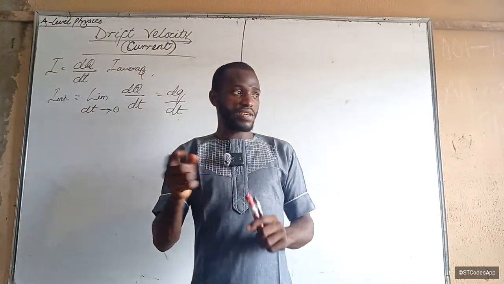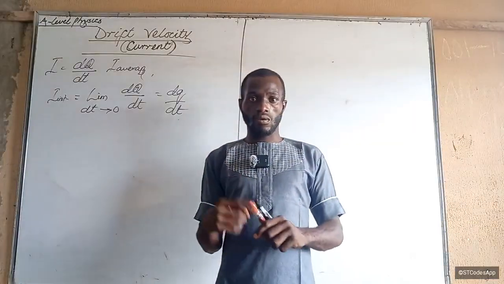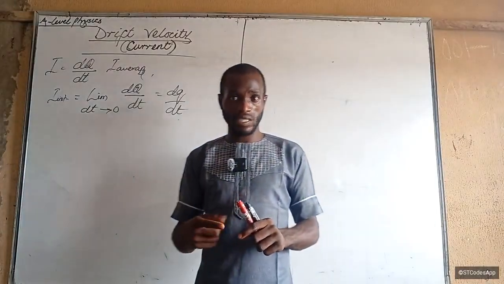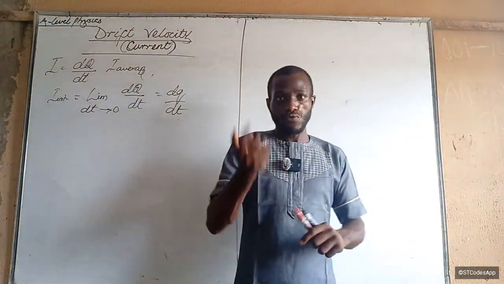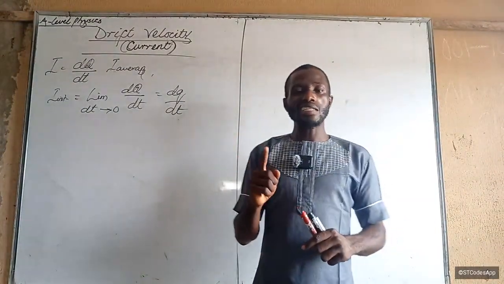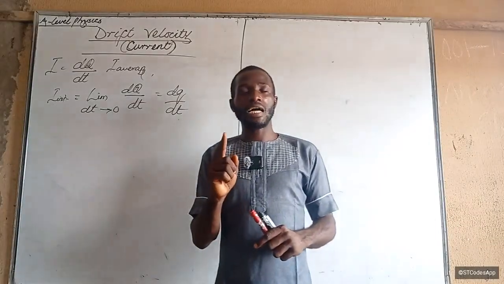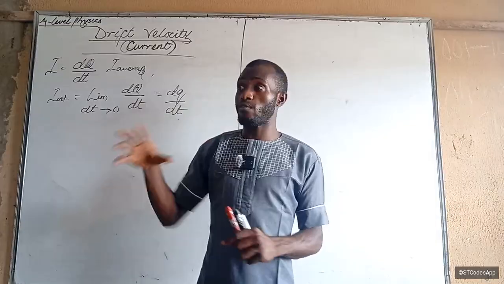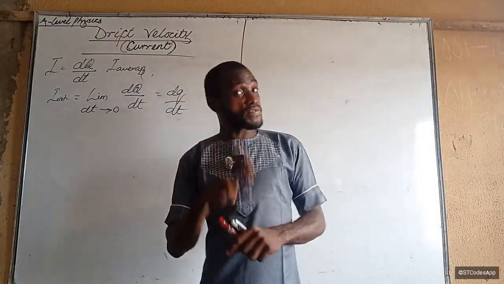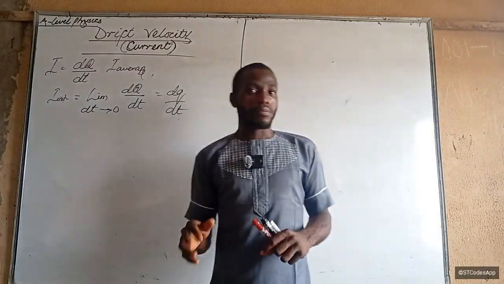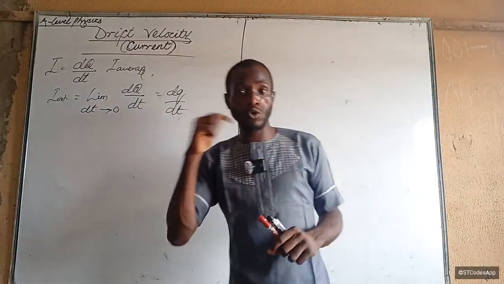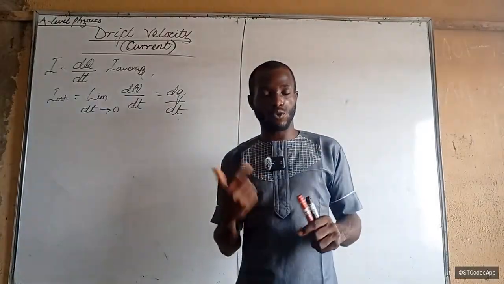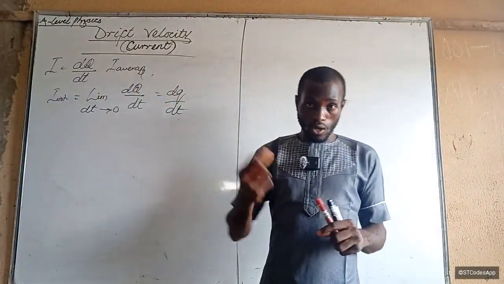I'll probably link a video in the description where I explained conduction, and how the free electrons actually move. You should know that before the connection to that power source, free electrons are already moving. But why does their motion not amount to current in the conductor itself?